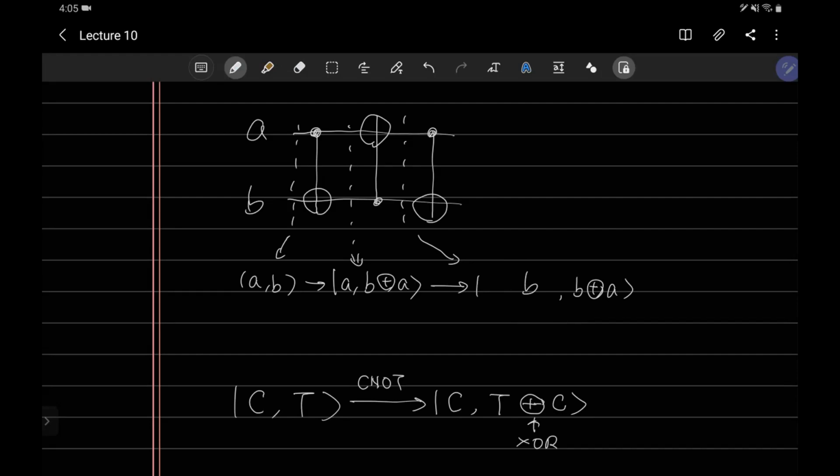So this is the result at this position, and then what happens in the final result? In that case, we are now using the first qubit as the control.